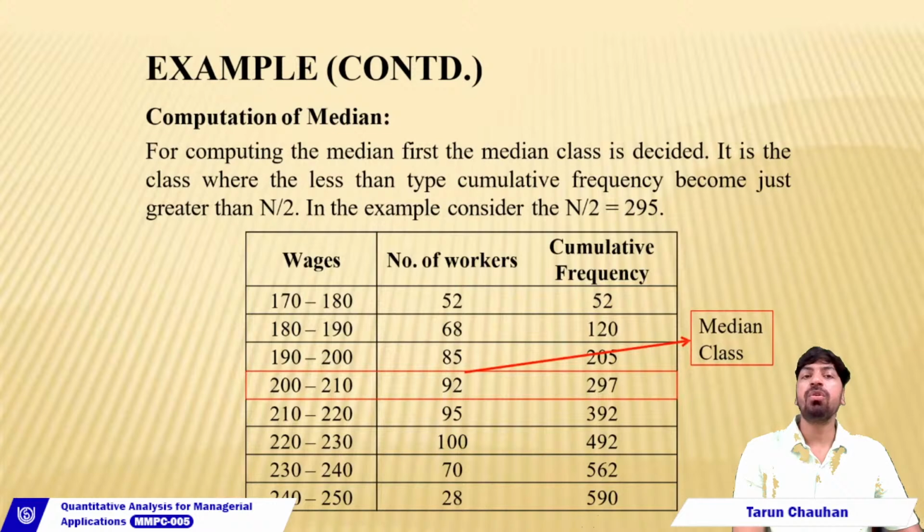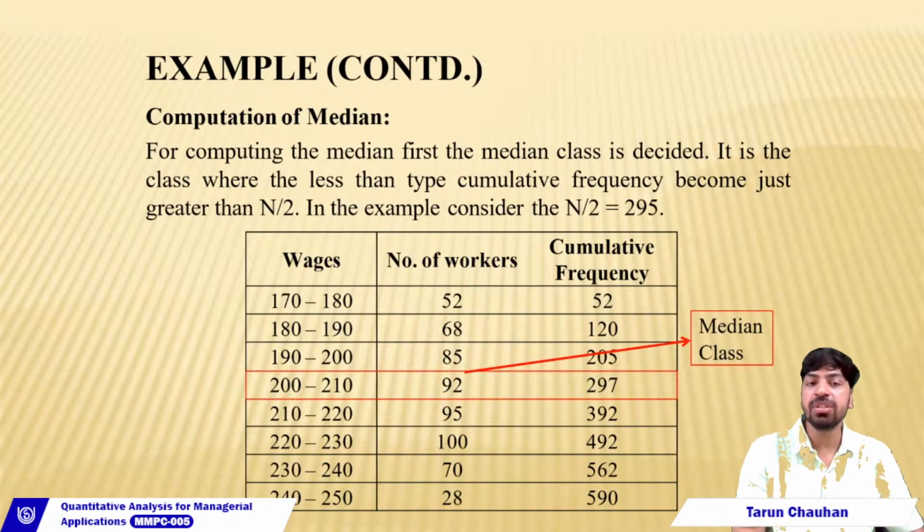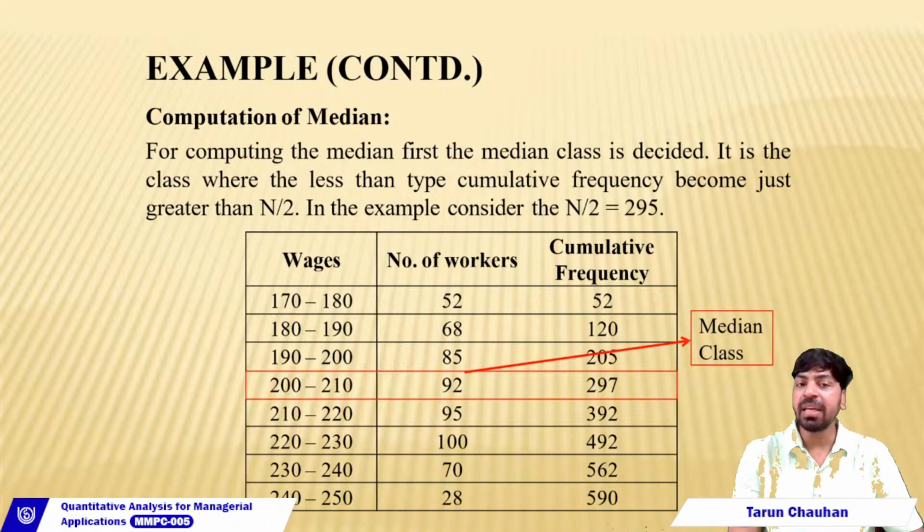Now we continue with the median and how to calculate the median in case of continuous data. This is the question that has been given to you. To calculate the median, you first need to calculate the n by 2 item. N is 590, just divide by 2, and you will get the 295th item or term.